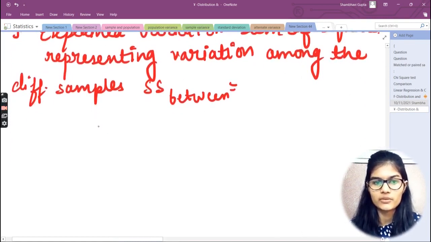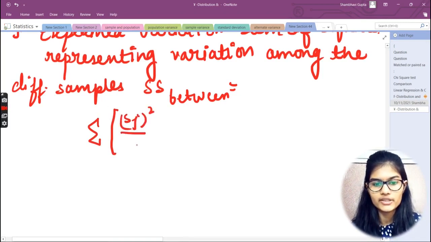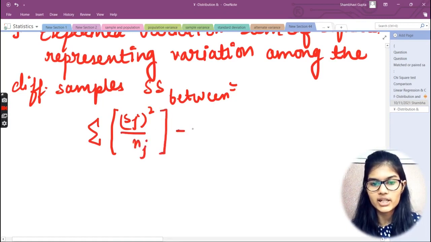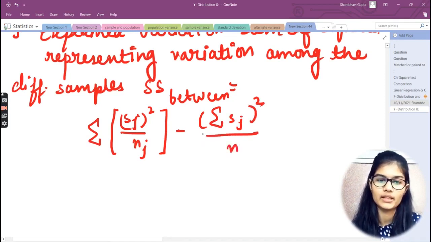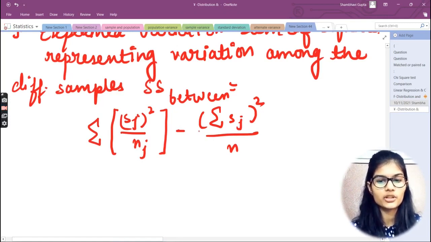So it's sigma, bracket goes on like this: Sj whole square divided by n of j, bracket closed, subtracted, then we have sigma Sj, bracket whole square divided by n. Okay, hope you are very clear with this, whatever I had just written out at this particular place.